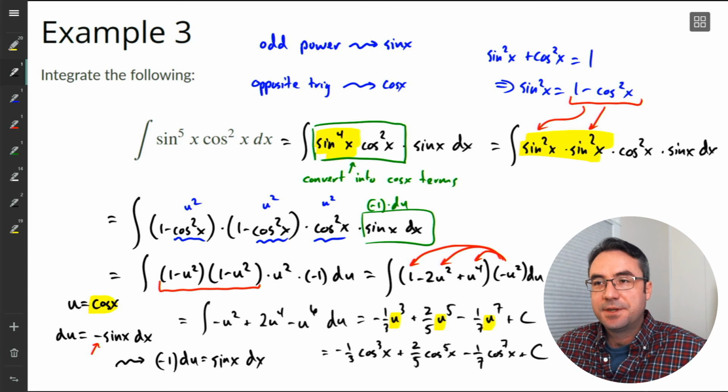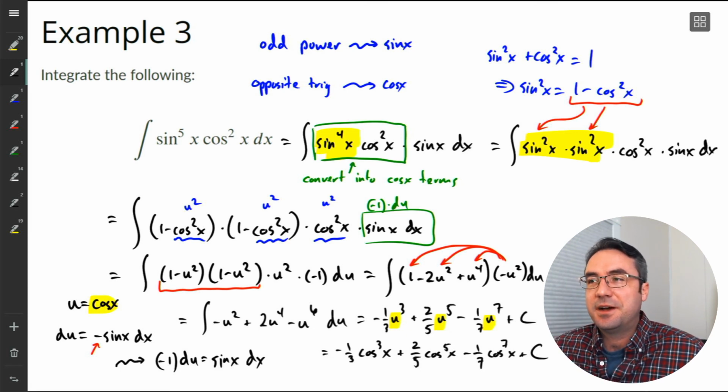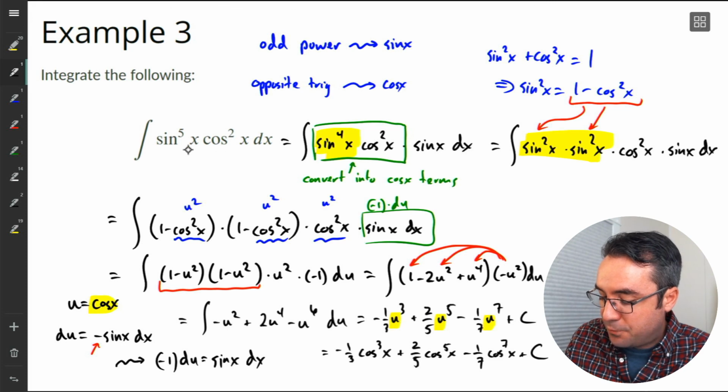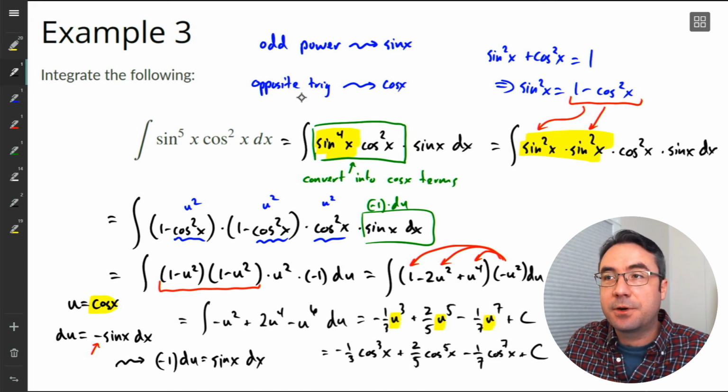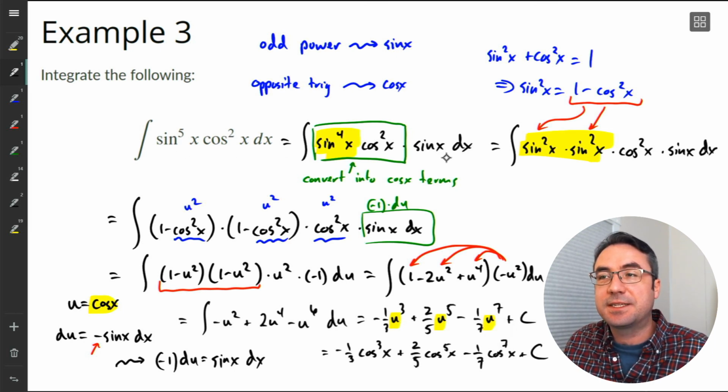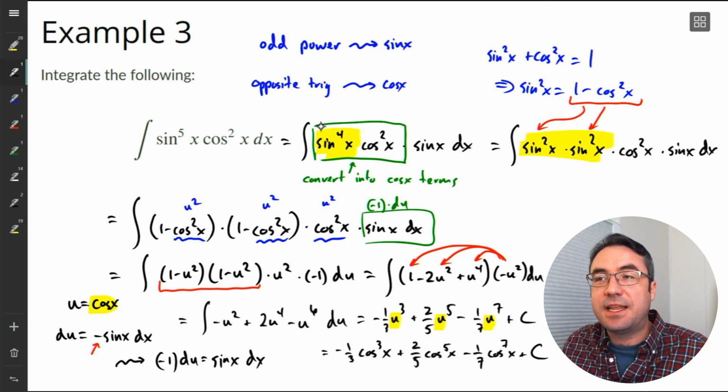So this is kind of a more extreme example of what we need to do. Let's go through the steps one more time. First step, we identified which piece had the odd power, so that was sine. We took one of those sines and put it next to the dx. Step 2, we looked at everything that's left in our integral besides that one sine term, and we converted everything there into cosine terms.